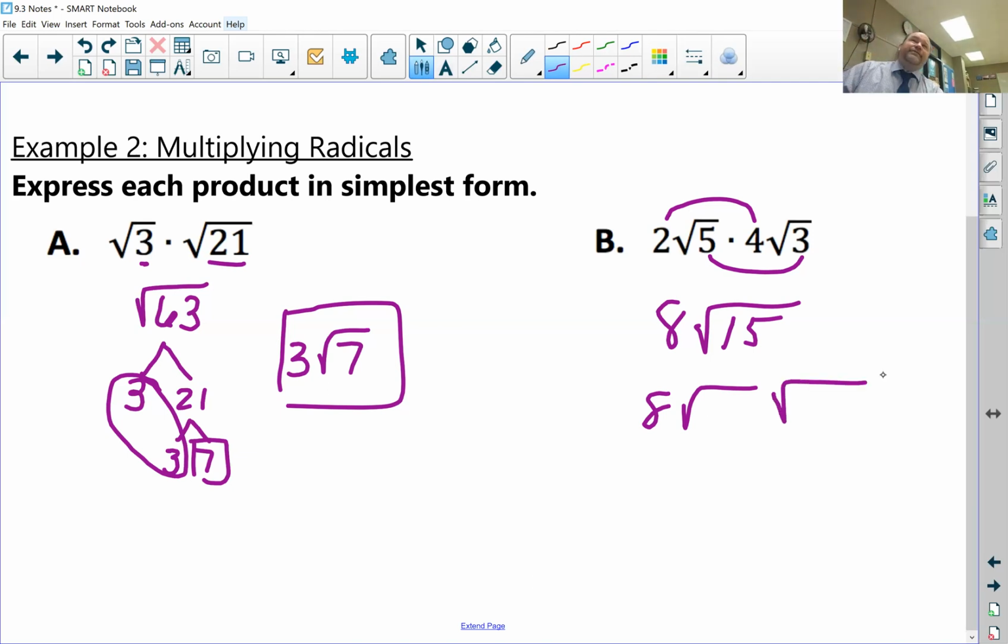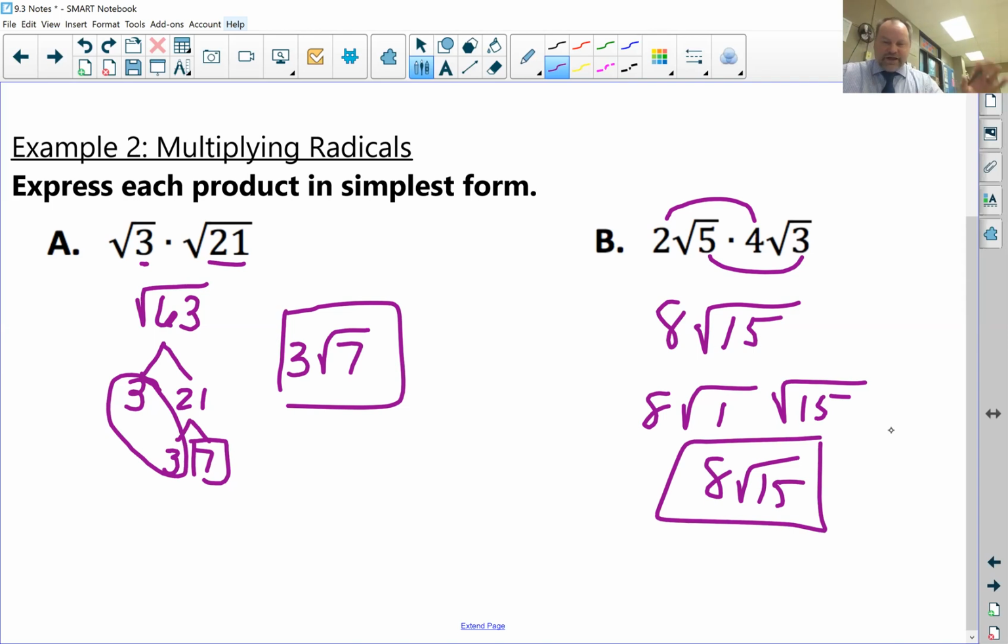So the largest perfect square less than 15 is 9. 15 is not evenly divisible by 9. 4, 15 is not evenly divisible by 4. The only other perfect square is 1, and we really don't use 1 because it doesn't break down that radical.